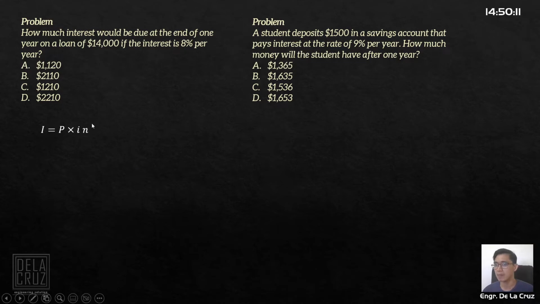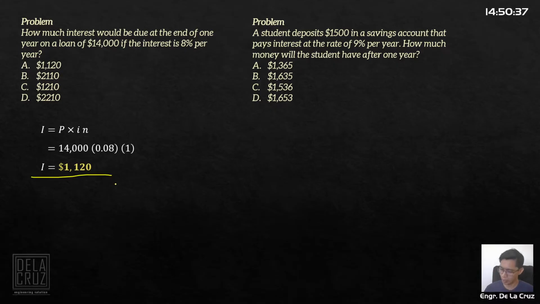Again, sa simple interest, that is P times I times N. 14,000 yung principal value natin, initial amount of money, times the interest in decimal, 8% is 0.08, at the end of 1 year. Ganun siya kasimple, kaya siya simple interest. $1,120.